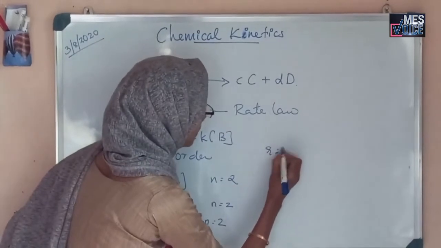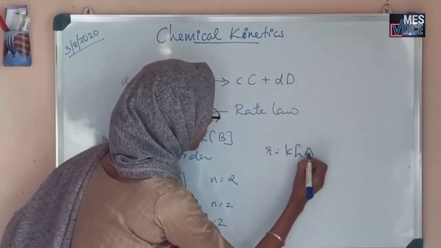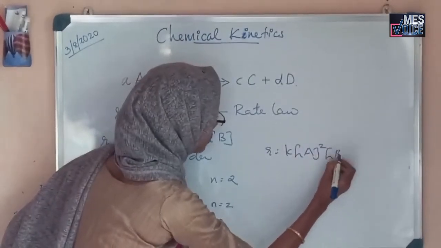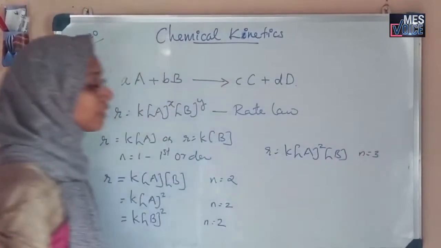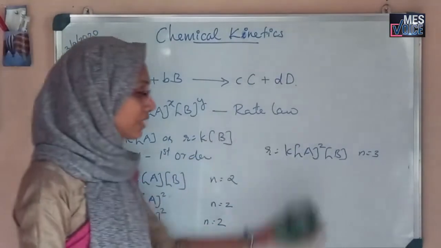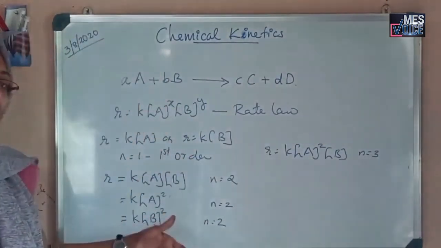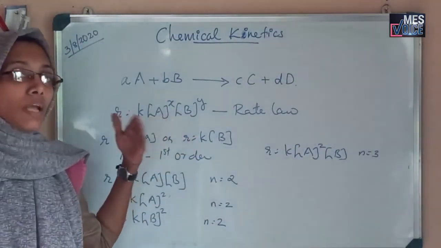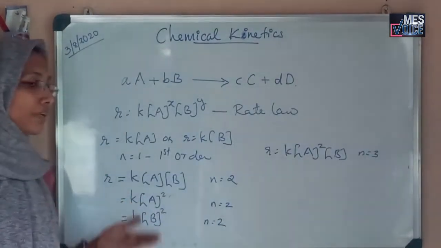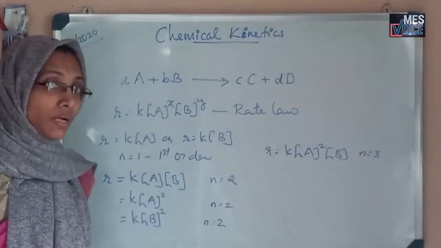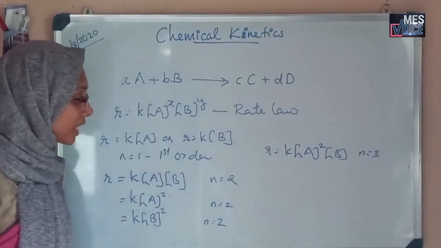If r is equal to k into [A]² and [B], in such cases n is equal to 3, it is known as a third order reaction, and so on. That is, depending on the order of the reaction, reactions are classified as first order, second order, third order, and even zero order reactions.